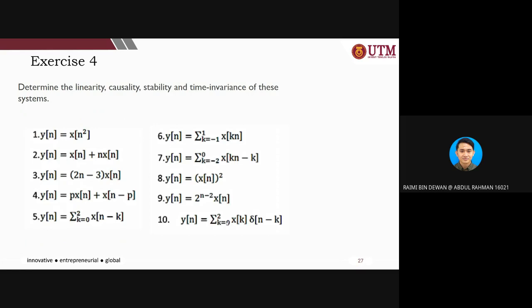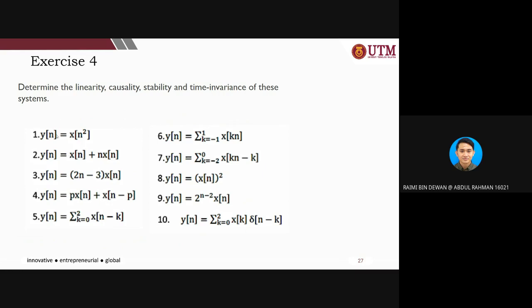Next, we go to exercise 4. Determine the linearity, causality, stability, and time invariance of this system. Now, combining what you have learned earlier in the previous slides for linearity, causality, stability, and time invariance, try this exercise, 1 until 10.